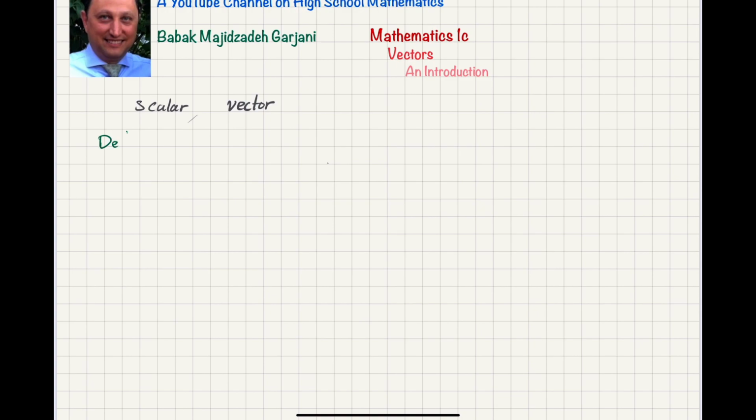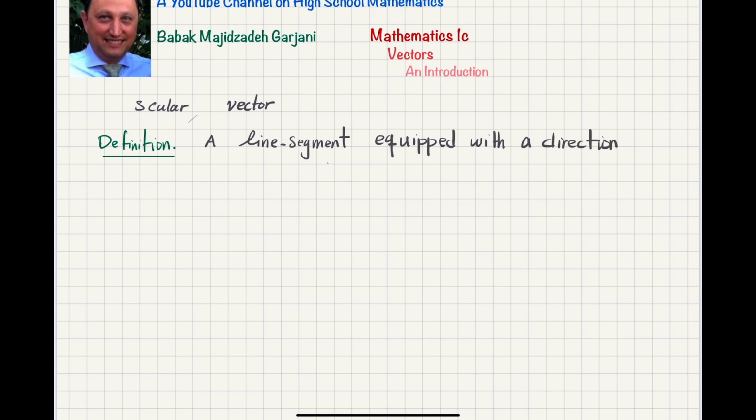Definition: a line segment equipped with a direction is called a vector.